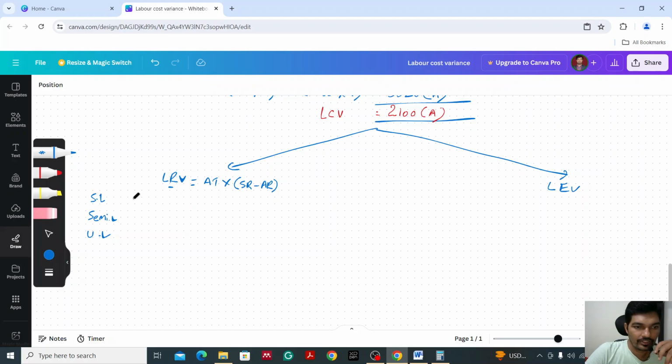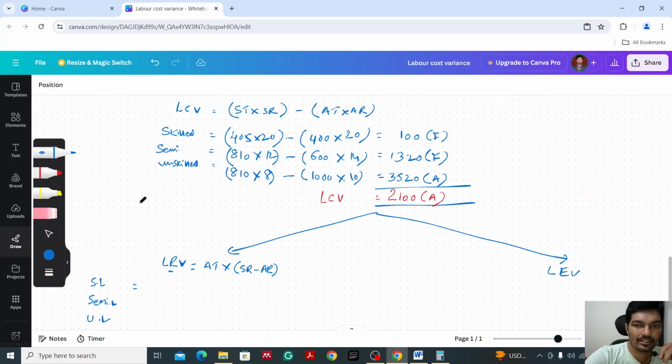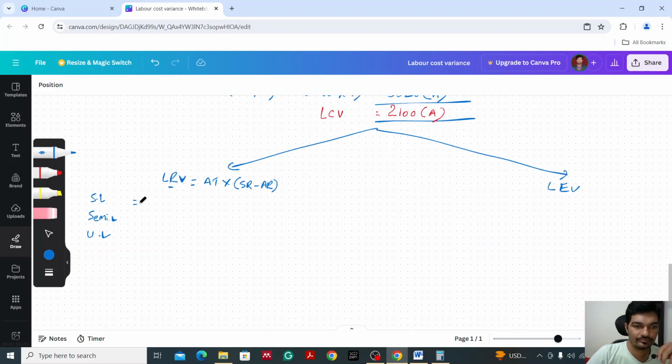So for skilled labor, the actual time is 400, 600, 1000.